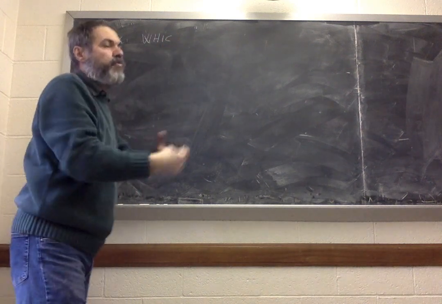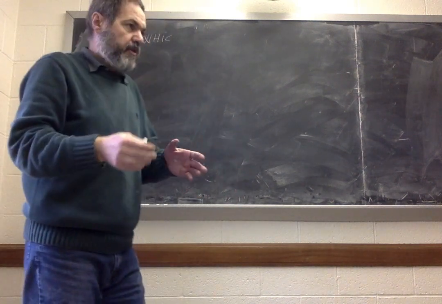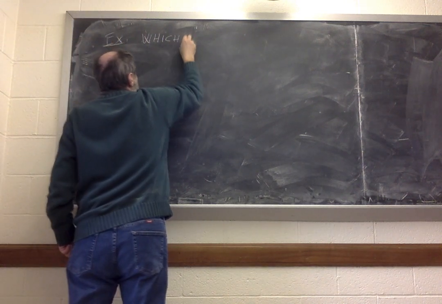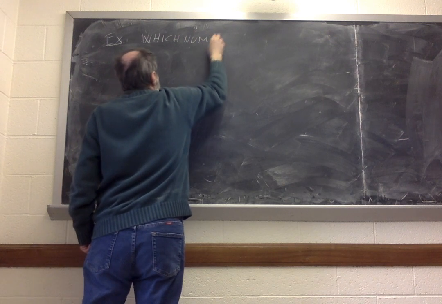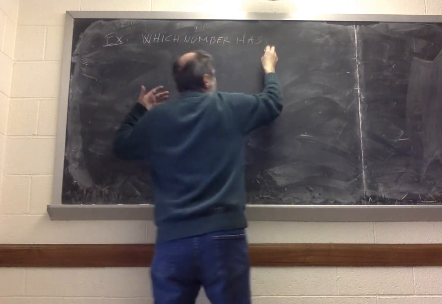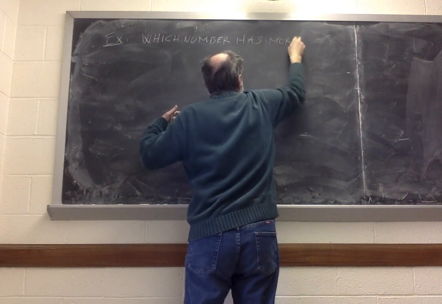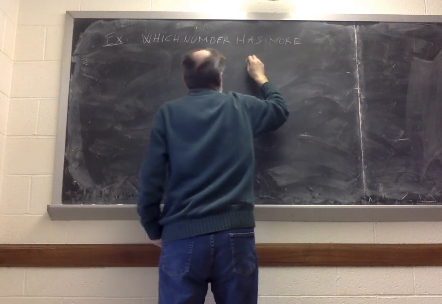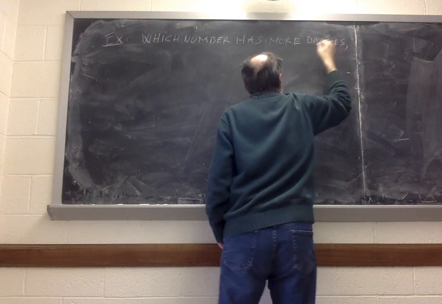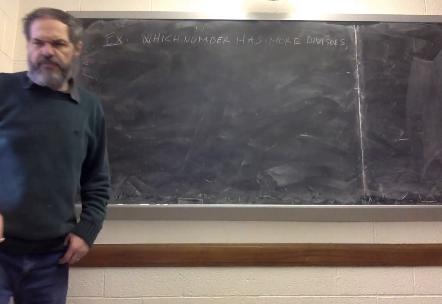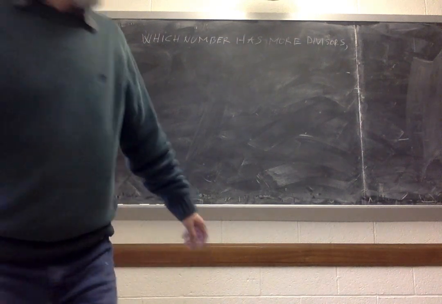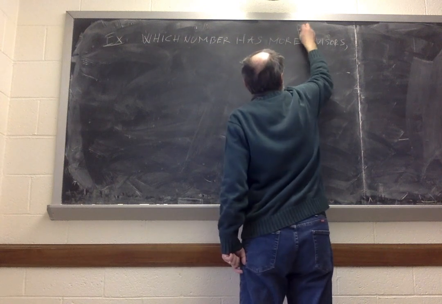So I reformulated immediately in terms of this function u. So which number has, let's write it like this, in plain English, more divisors, positive divisors. Positive divisors, okay, I have the statement, positive.